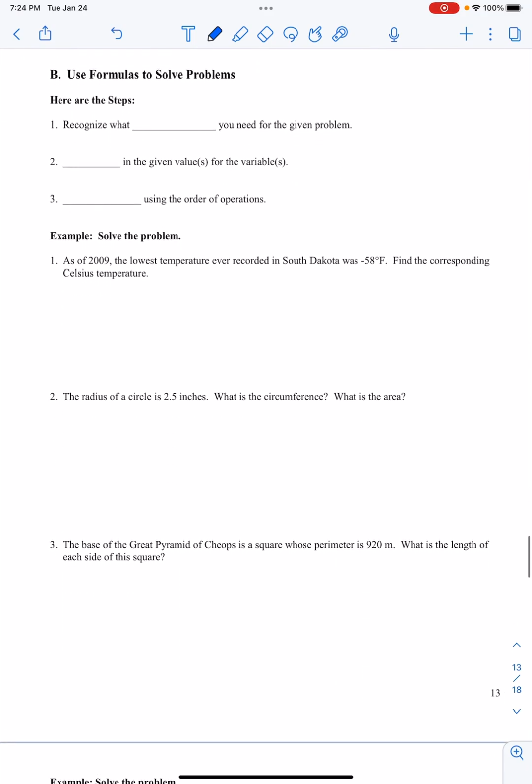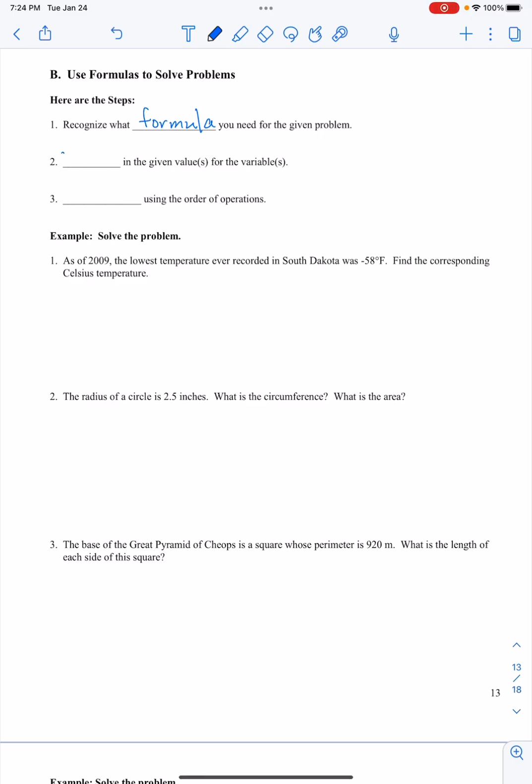The other part of section 1.2 is utilizing an appropriate formula within an application. So here are the steps. First, recognize what formula will help you. Which one do you need for the job at hand?